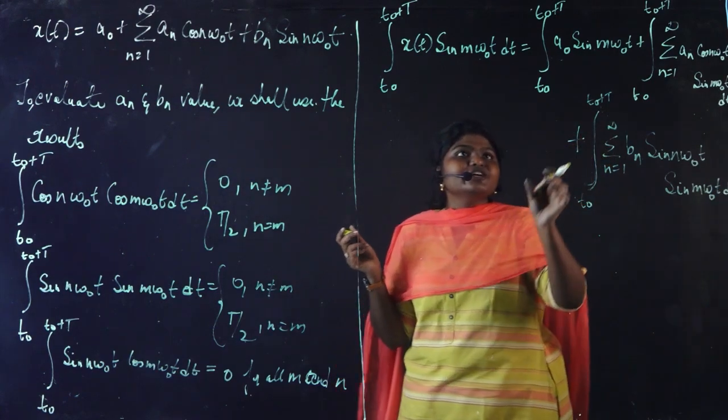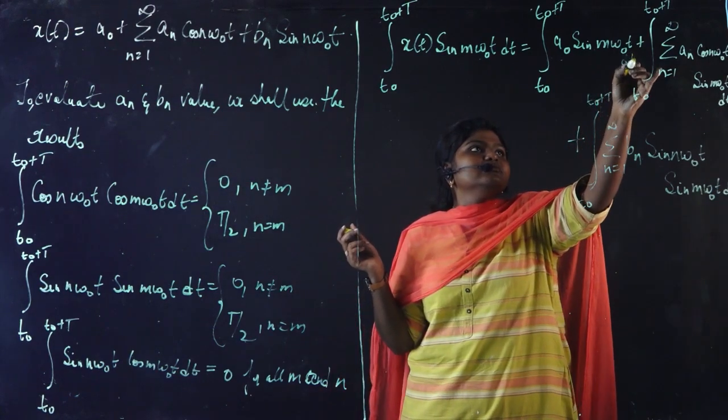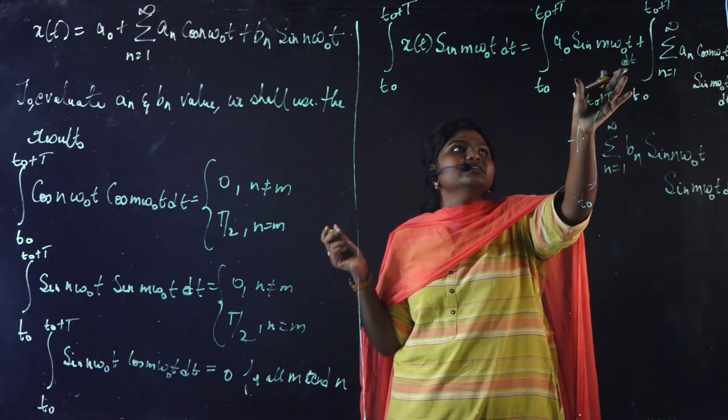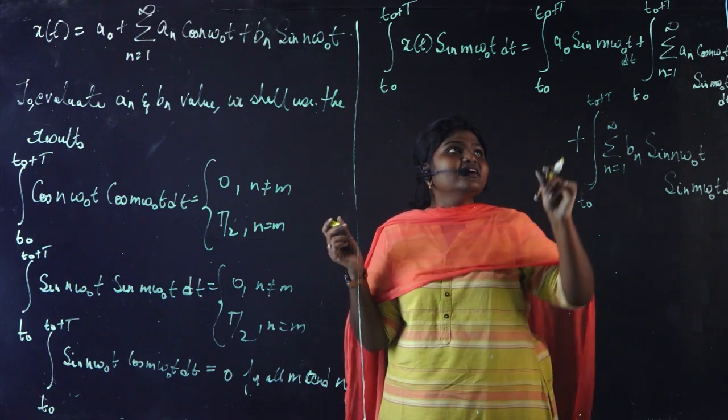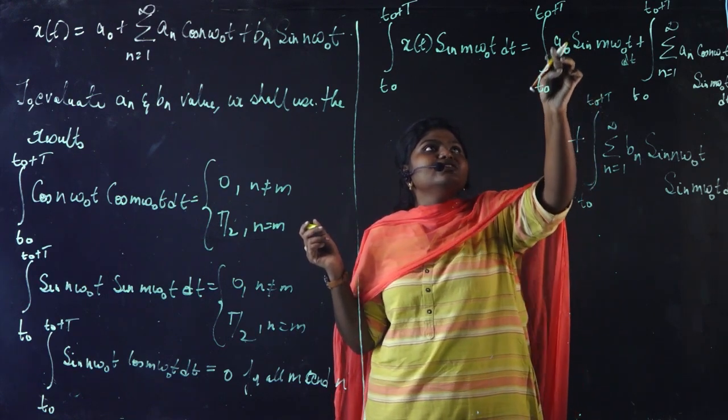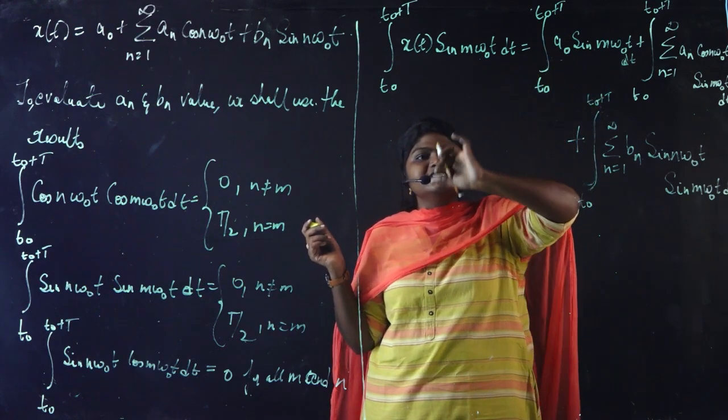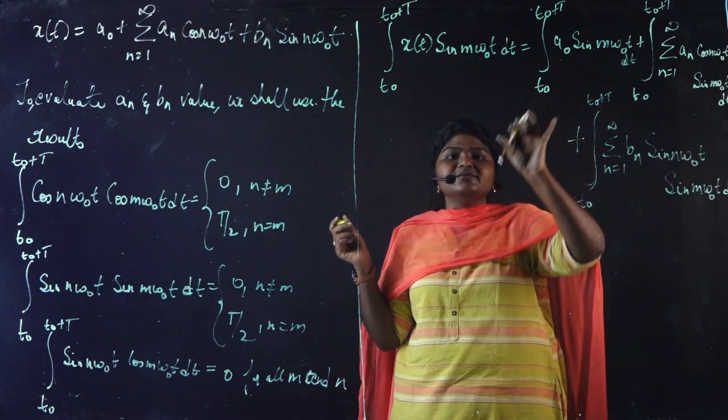If you look at the first term, the whole term will be 0, since the area under the sine over the period is 0.